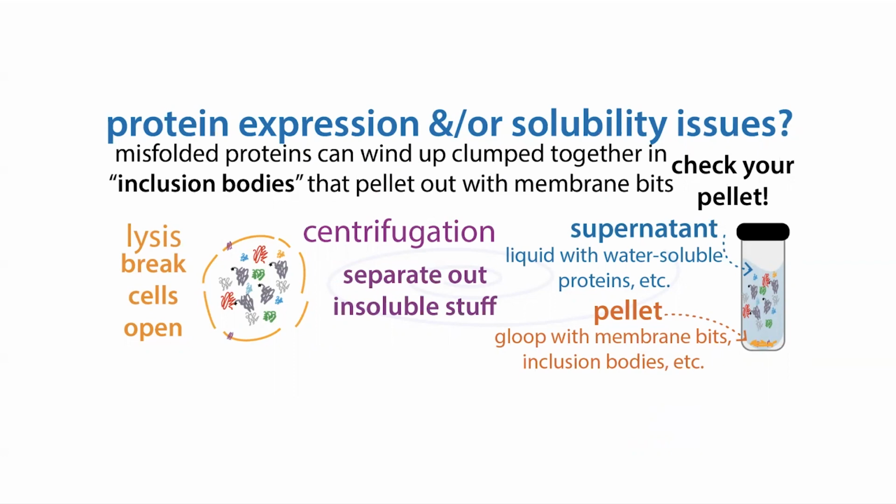And so normally what we do when we purify proteins is we lyse the cells, so we break open the cells, and then we centrifuge them really fast in order to pellet out the membrane bits, as well as insoluble stuff. Then we just discard the pellet and work with the watery stuff, the supernatant, the liquid that's above it. But when we want to study that membrane protein, well, now don't throw away that pellet.